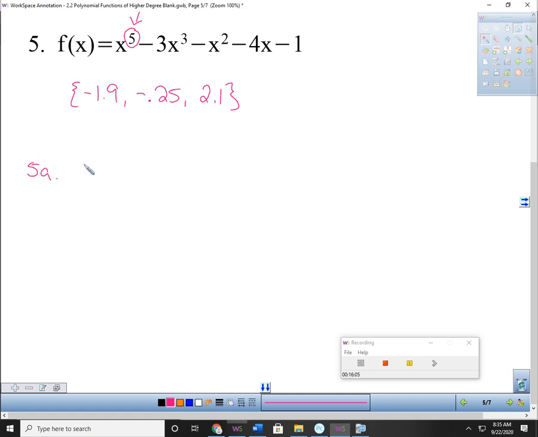All right, I'm going to give you an equation, and we're going to go through this process, which we did in Algebra 2. So x to the 5th plus x to the 4th minus 2x to the 3rd minus 4x squared plus x plus 1.